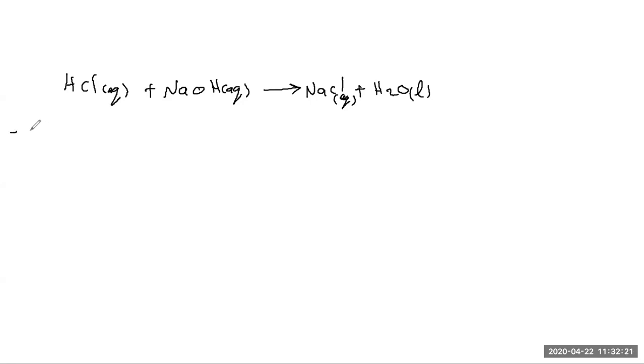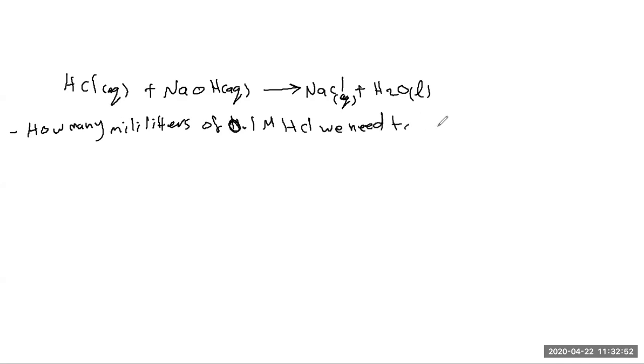Now let's look at this example. First of all, how many milliliter of 0.1 molar HCl we need to produce, let's say, for example, 200 gram NaCl?